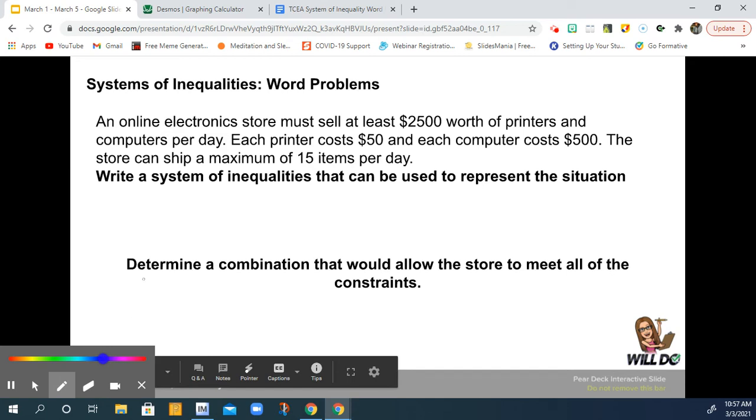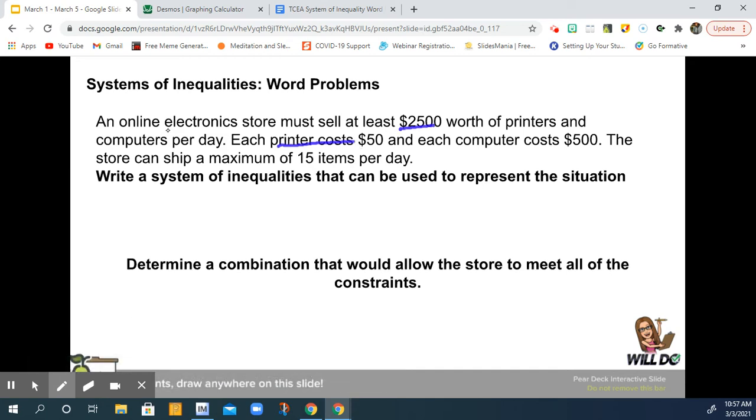So in this particular problem, we're talking about money again. A printer costs $50, the computer costs $500. Okay, so the online electronics store must sell at least $2,500 worth of printers. Okay, so they can sell more than that, but they need to sell at least $2,500 worth.